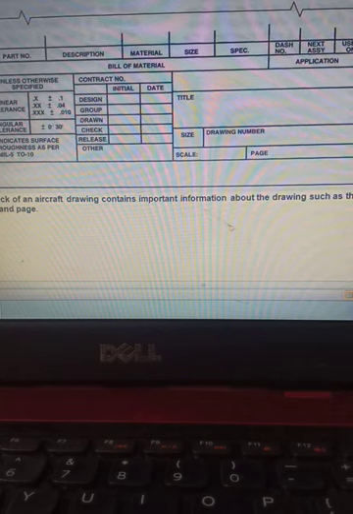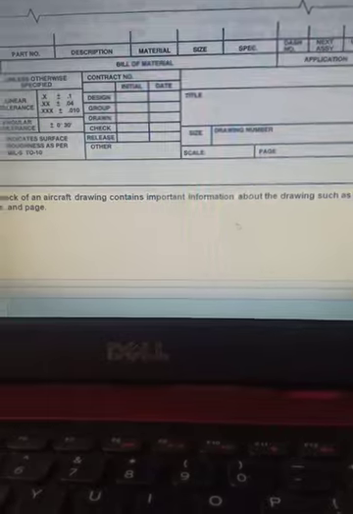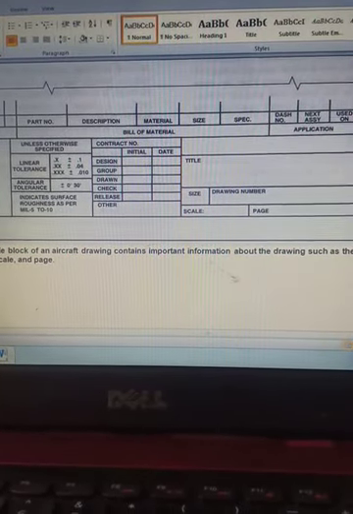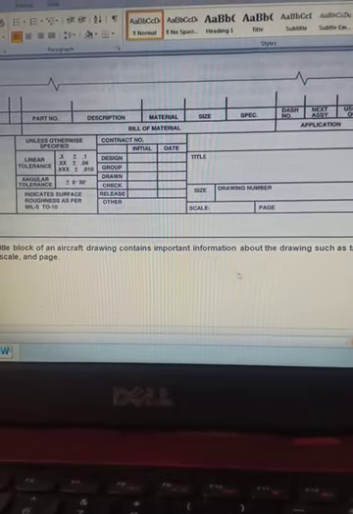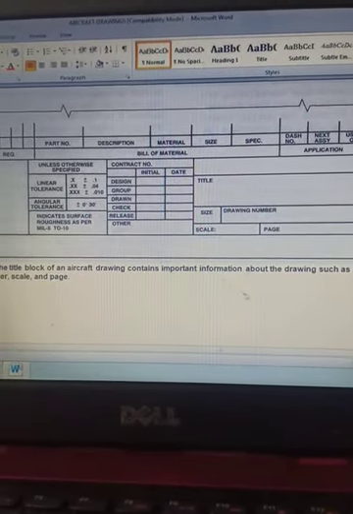So depende lang. So this one is an example of the whole complete part or assembly of an aircraft.